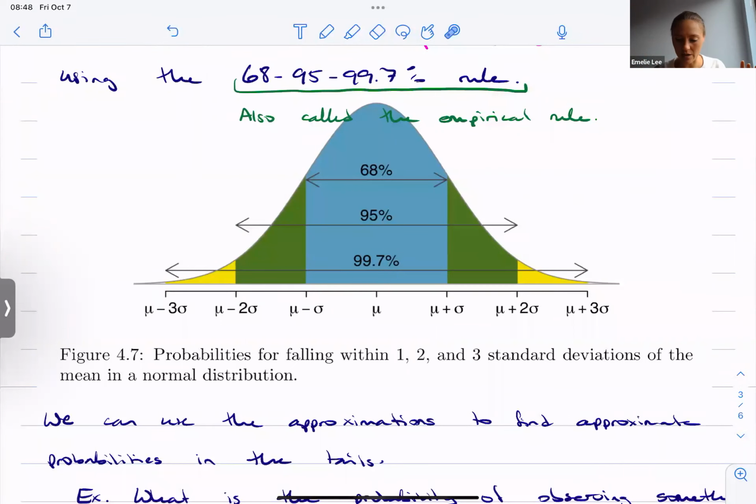So really what's left in the tails is 0.3%, split evenly amongst the tails. There's very, very little probability of exceeding 3 standard deviations. Even at 2 standard deviations, there's only 5% left over, and split evenly amongst the tails, it's only 2.5%. So even being further than 2 standard deviations away from the mean is going to be considered extreme.